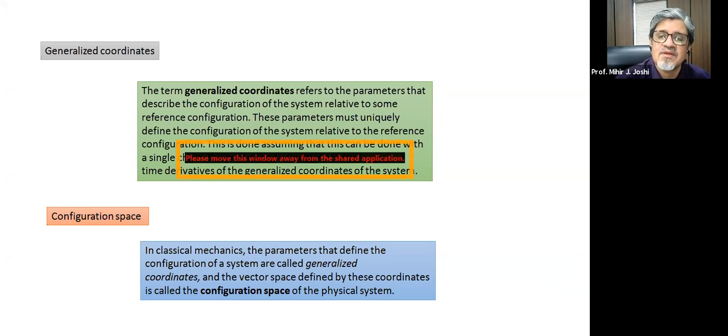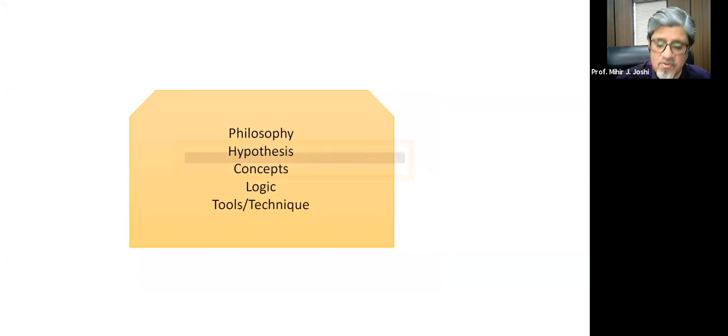In mathematics, they consider that instead of n particles moving in a 3-dimensional system, one particle is moving in a 3n-dimensional coordinate system. So they define the configuration space in a different manner. But we are bothered about the configuration space as it is considered from the physics point of view.